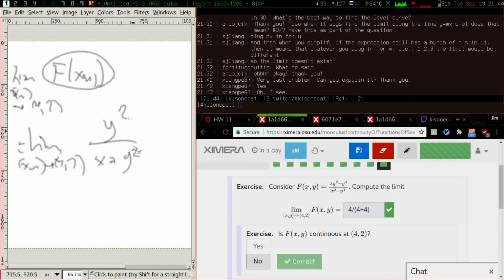It's just that this thing and this thing agree for values near 4, 2. This thing's actually defined at a lot more values near 4, 2 than this thing is. At least anywhere where this thing is defined, this thing is also defined, but this thing's defined at even more places. And in particular, this thing is defined at the point 4, 2. So you can use this function to compute the limit of this around the point 4, 2.